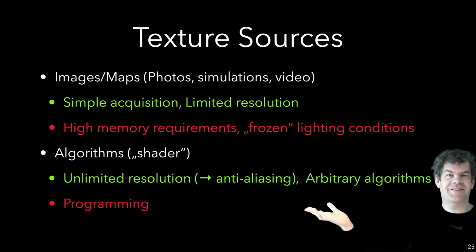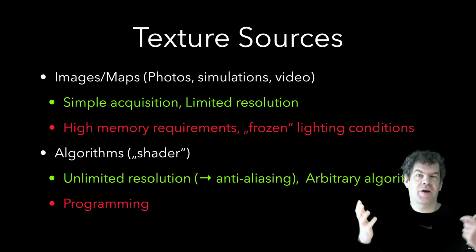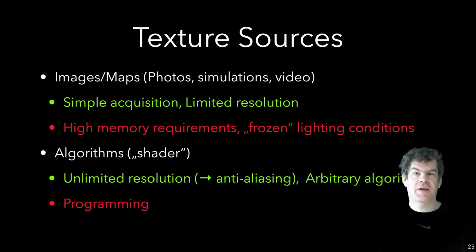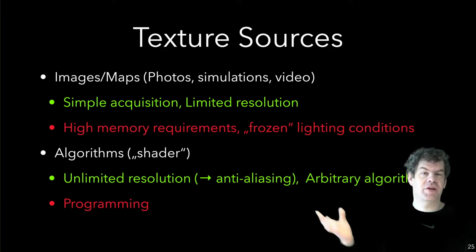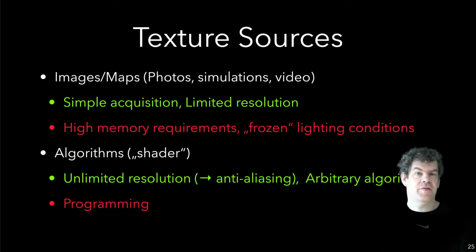But the downside is it requires programming. So you might say, why is programming a downside? Well, if you're not a programmer, then taking a photograph is somewhat easier than writing code. So there's obviously a downside to it, and it might not be trivial to get certain things done.